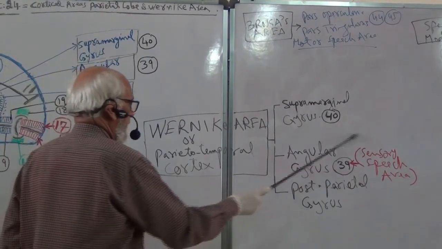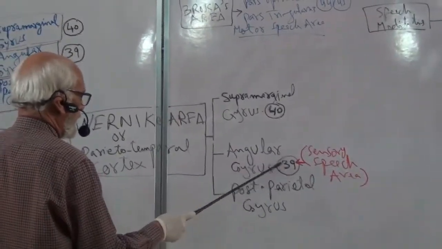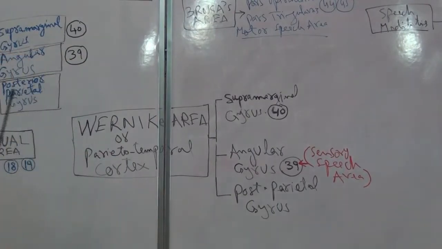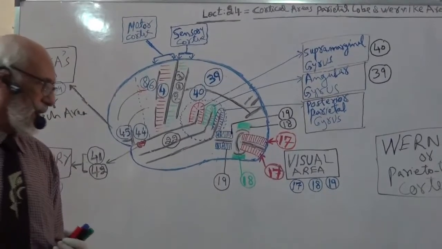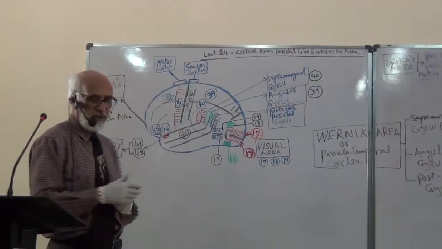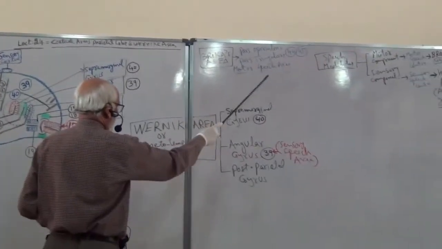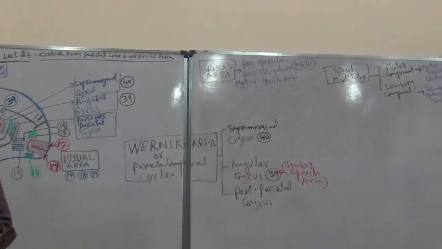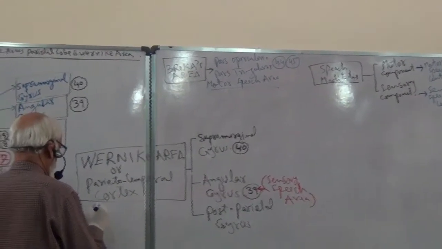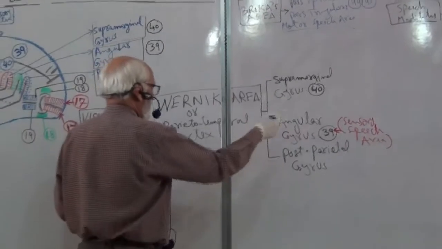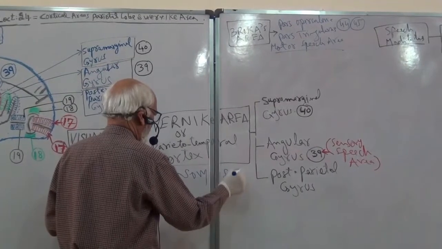But it is said in many books that it is this angular area, number 39, which acts as the sensory speech area. So these were the two areas: Broca's area or the motor speech area, and Wernicke's area, the sensory speech area, mainly the angular gyrus for sensory speech.